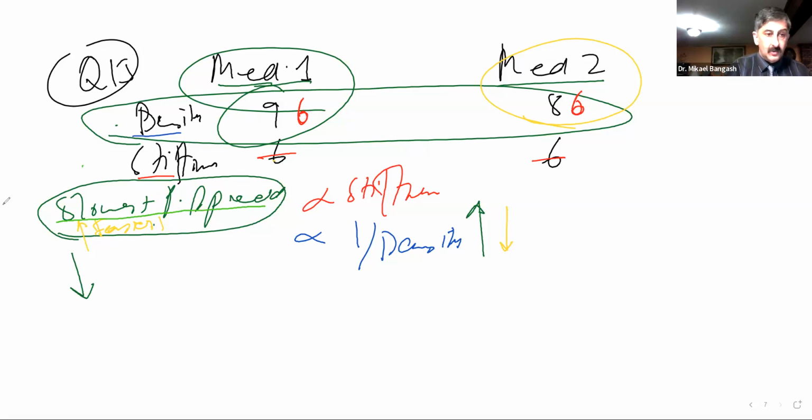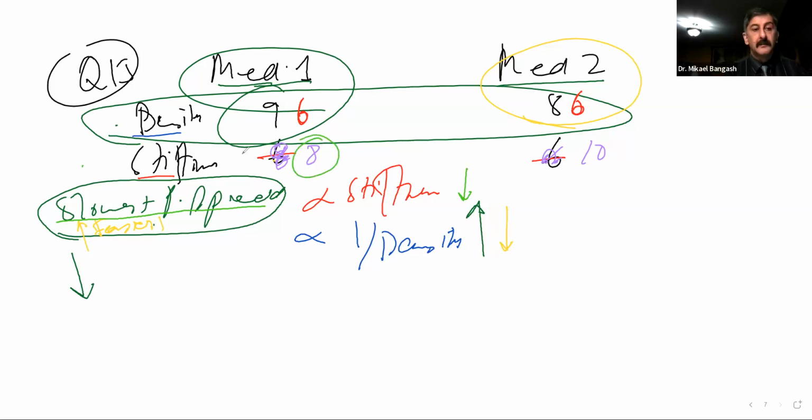Now let's change our stiffnesses, say 8 and 10, for instance. If they ask for the slowest speed, then look for the one with the lowest stiffness in this case, because the densities would have been the same. So the lowest stiffness would have been 8, which would have the lowest speed.